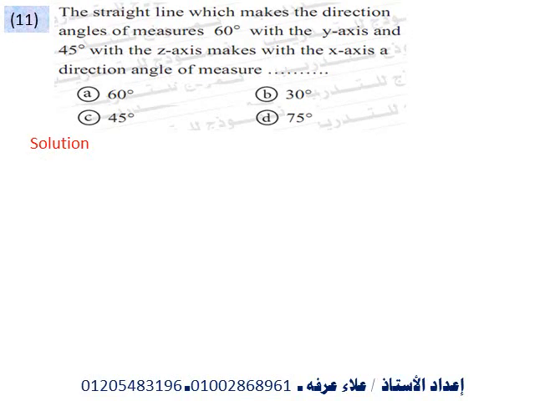The straight line which makes direction angles of measure 60 degrees with the y-axis and 44 degrees with the z-axis makes with the x-axis a direction angle of measure... Solution. Cosine squared theta x plus cosine squared theta y plus cosine squared theta z equals 1.